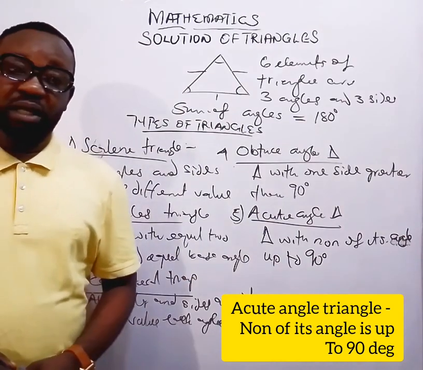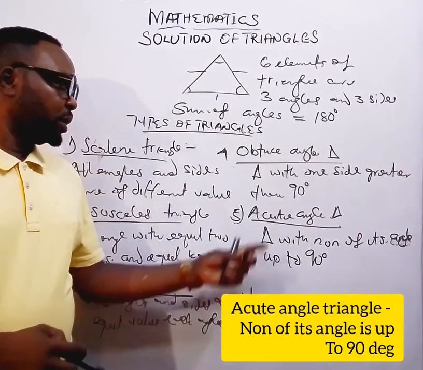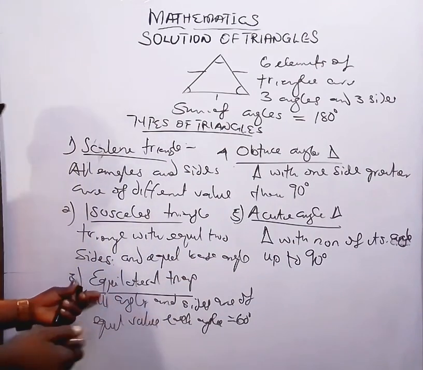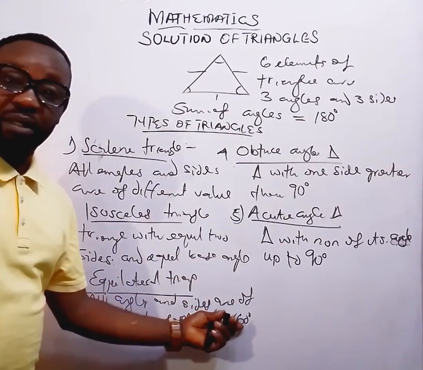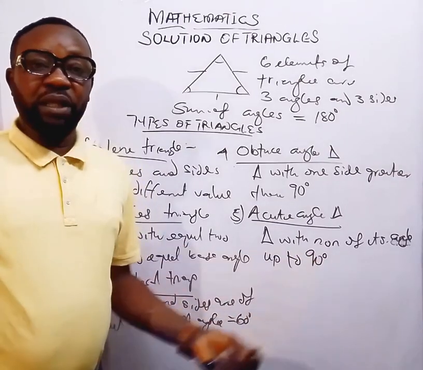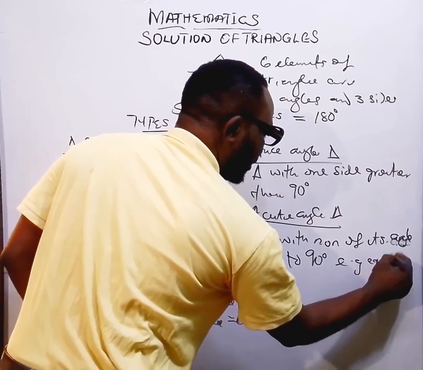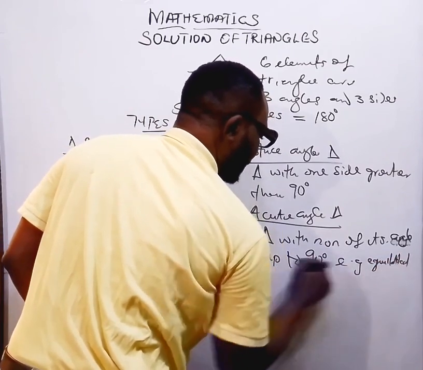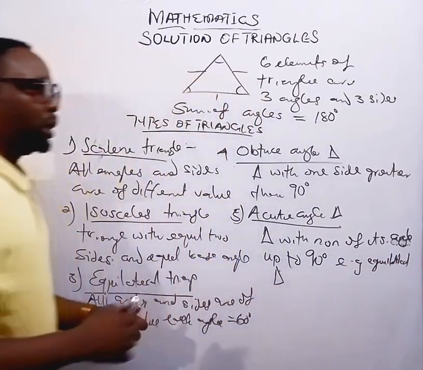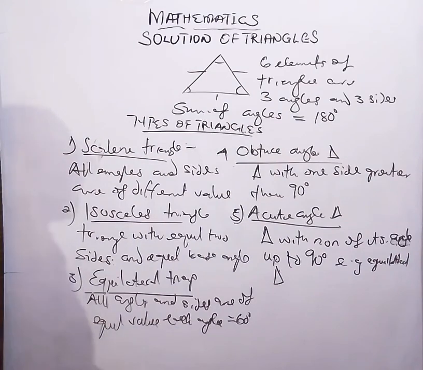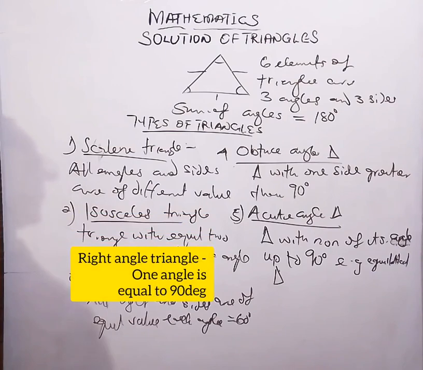We can easily say that a very good example of an acute angle triangle is going to be the equilateral triangle, because each of the angles is 60 degrees, so they are not up to 90 degrees.